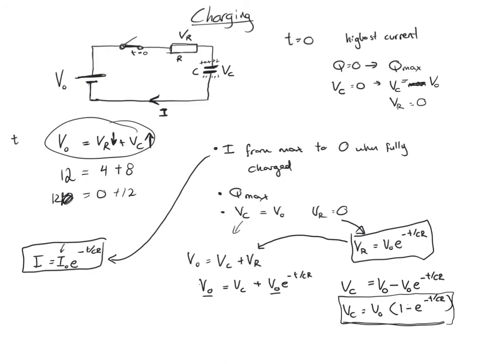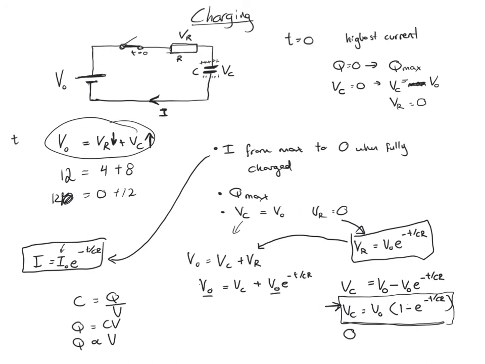We also know that in a capacitor, C is Q over V, and therefore Q is CV, which makes Q directly proportional to V. Hence, in this case where I'm charging the capacitor, the charge is increasing just like the potential difference is increasing on the capacitor.